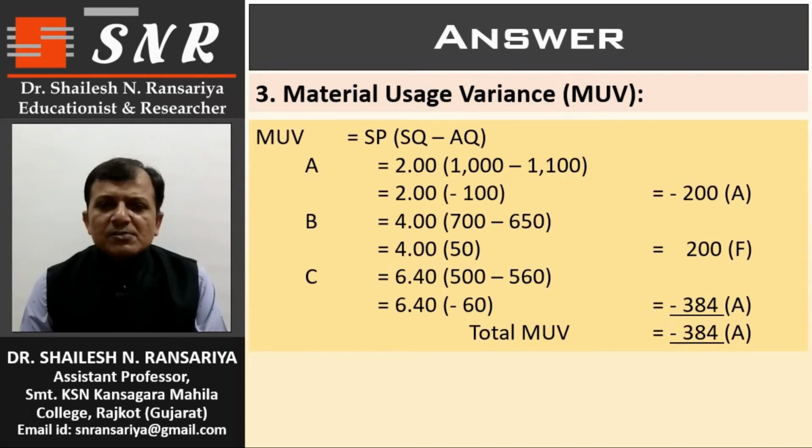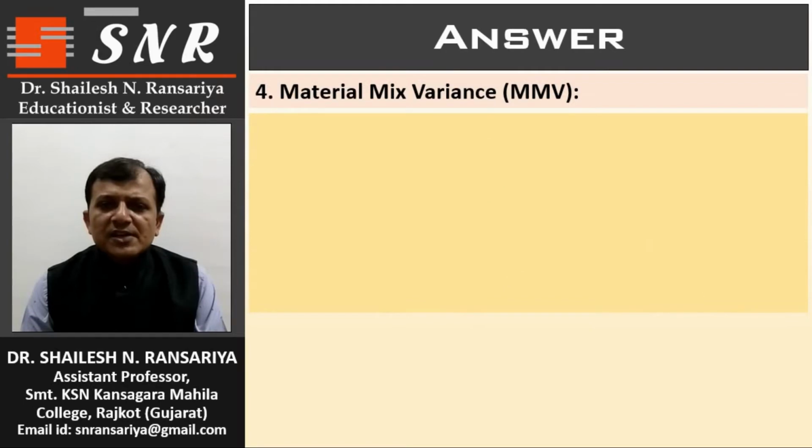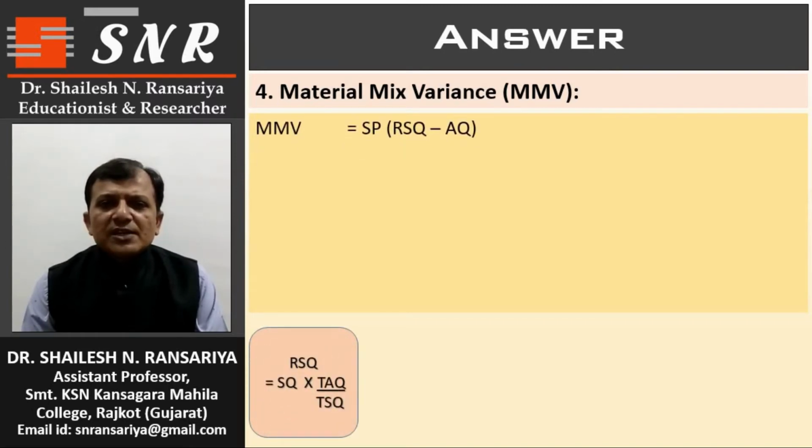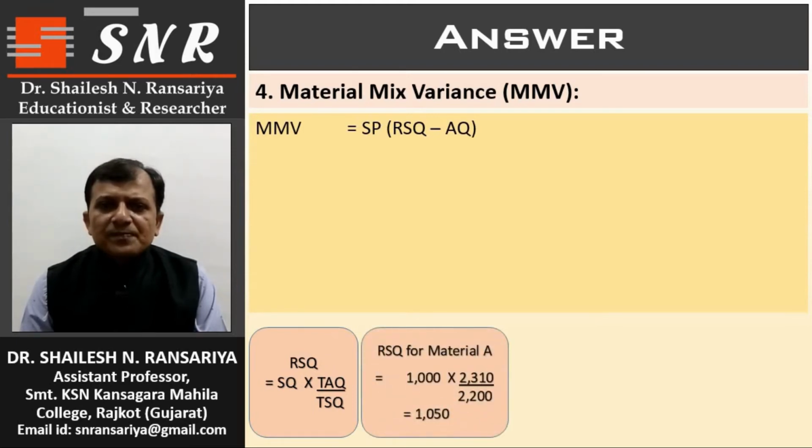Now variance number 4, material mix variance. MMV is equal to SP into bracket RSQ minus AQ. So first we have to calculate revised standard quantity. RSQ is equal to SQ multiply TAQ divided by TSQ. For material A, SQ is 1000 multiply TAQ 2310 divided by TSQ 2200.